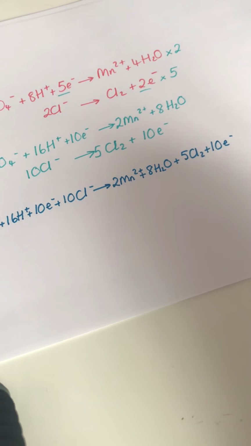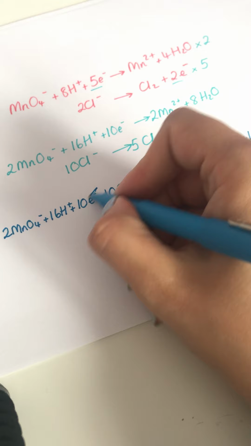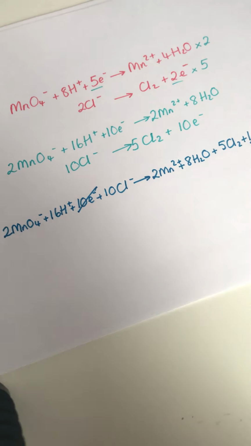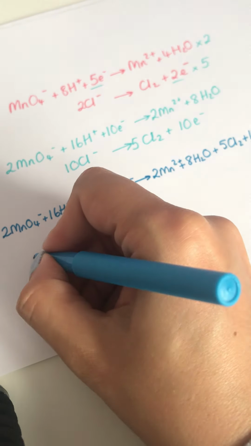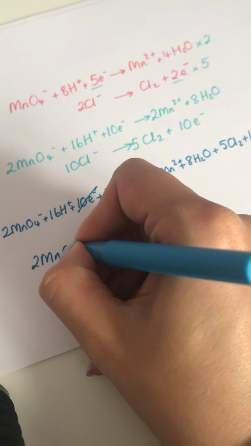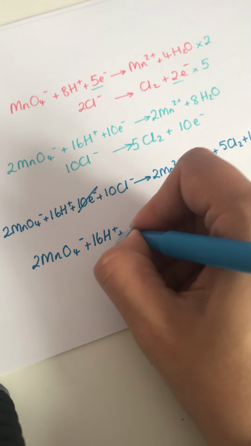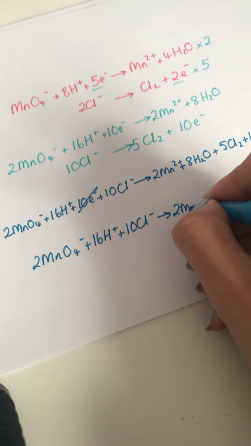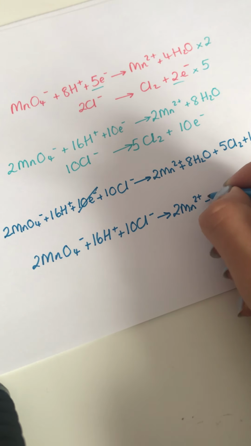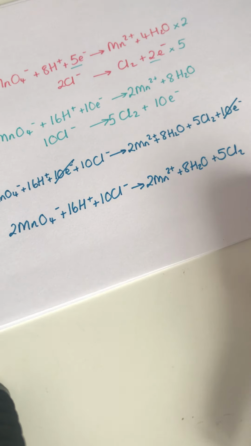So now that I've made my electrons the same, what I can do is cancel them. So my final equation here, now that I've cancelled my electrons, is 2MnO4- plus 16H+ and 10Cl- to make 2Mn2+ and 8 waters and 5 Cl2 molecules. Long answer.